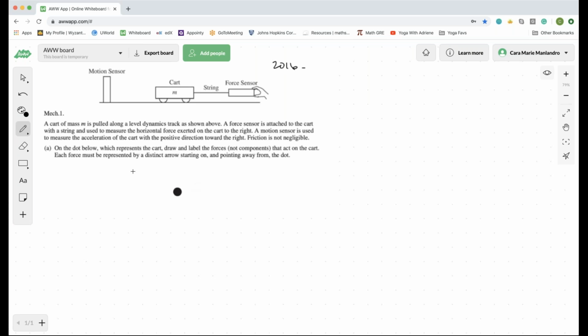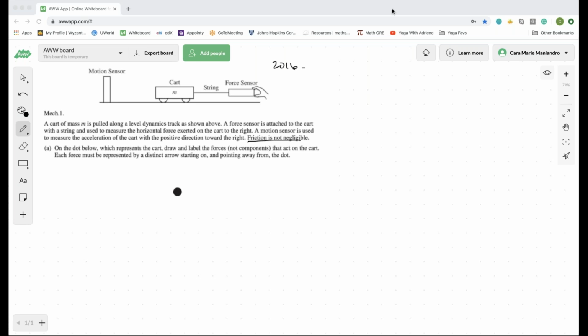All right, on the dot, which represents the cart. So here we have a cart on a track, force sensors, a spring, and they tell us we have no friction. So we want to go ahead and write all of the forces on the free body diagram.